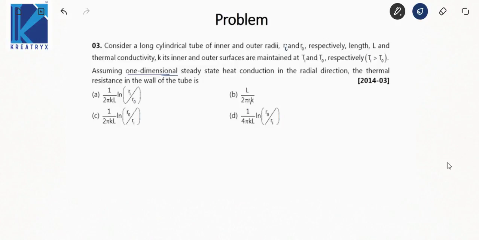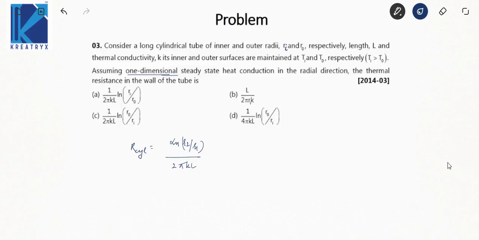Okay, this is a direct formula-based question. You have studied that the resistance of the cylindrical wall is Ln R2 by R1 upon 2 pi KL.